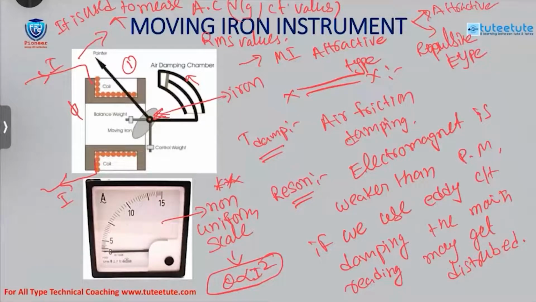The PMMC meter measures DC values and average values. This is the RMS value for AC. By using this meter you can measure DC also, not only AC.